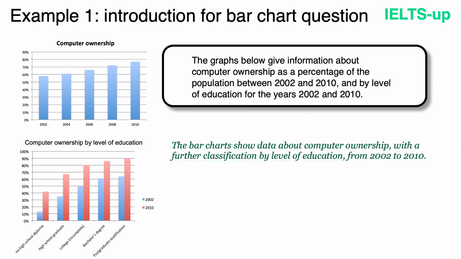Finally, when indicating a time period, instead of the original expressions, between 2002 and 2010, and for the years 2002 and 2010, I simply wrote from 2002 to 2010. You can see that paraphrasing is very important for a good introduction.